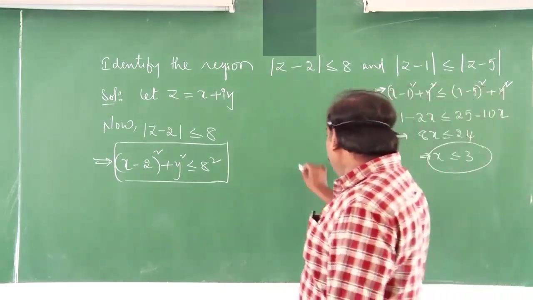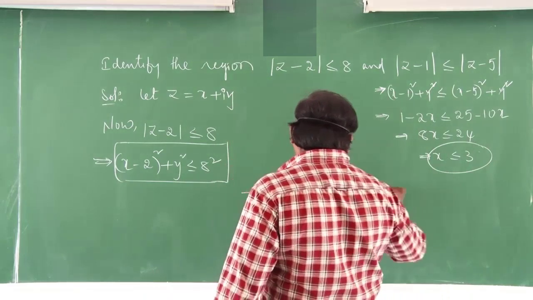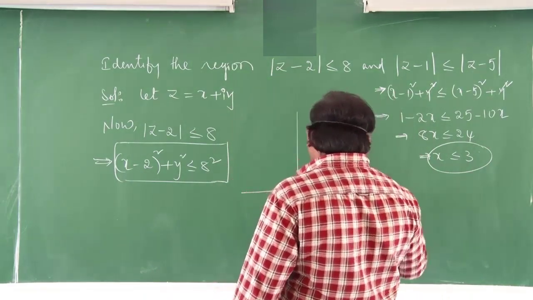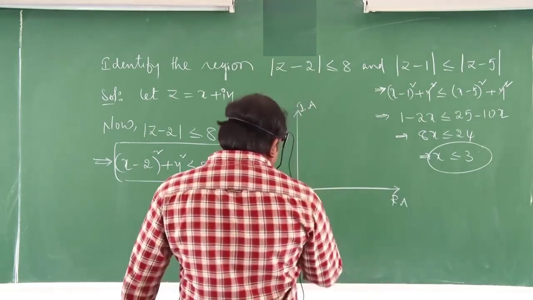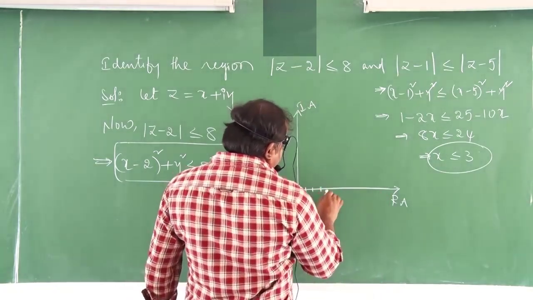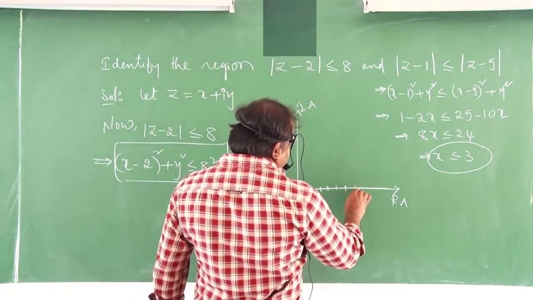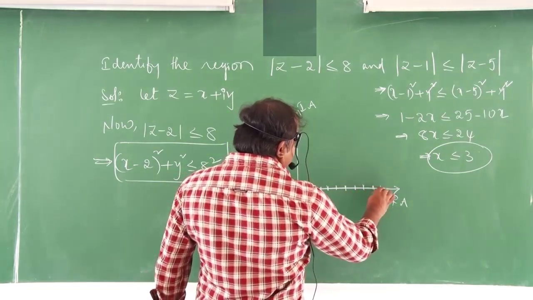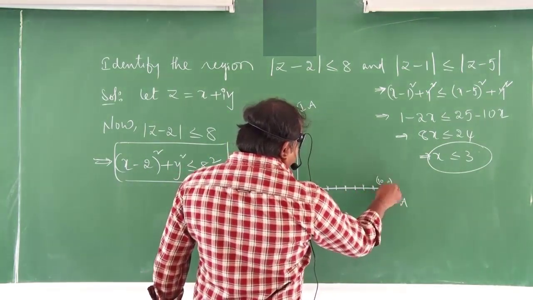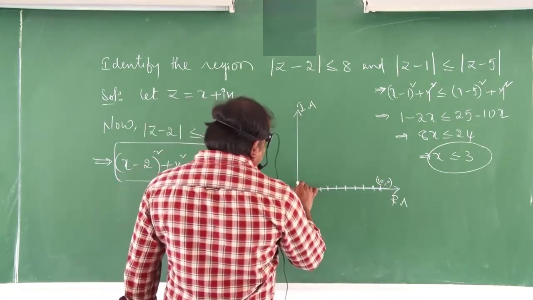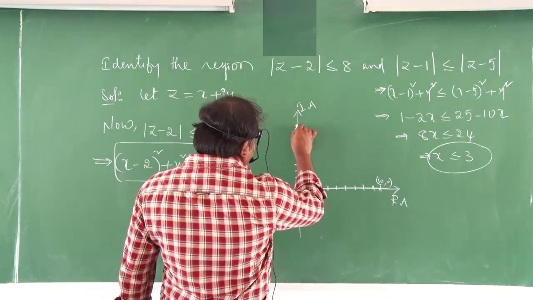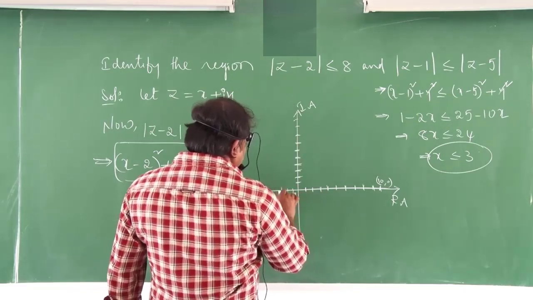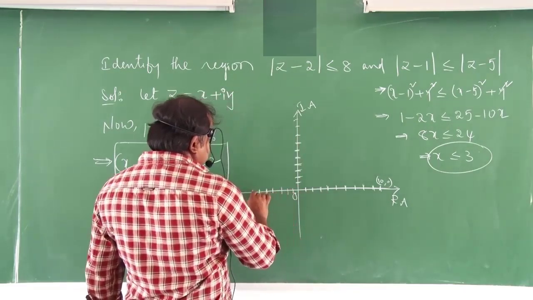Now if you plot the graph, taking this as the real axis and this as the imaginary axis, let it be 0, 1, 2, 3, 4, 5, 6, 7, 8, 9, 10. Let this be the point (10, 0). And here on the other axis the values 1, 2, 3, up to 10.